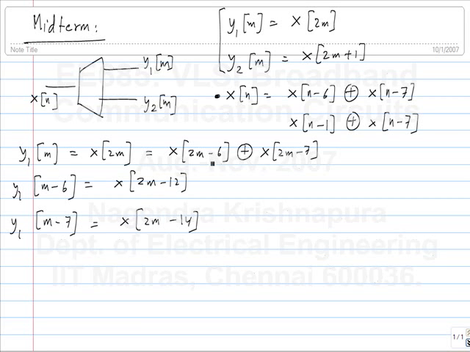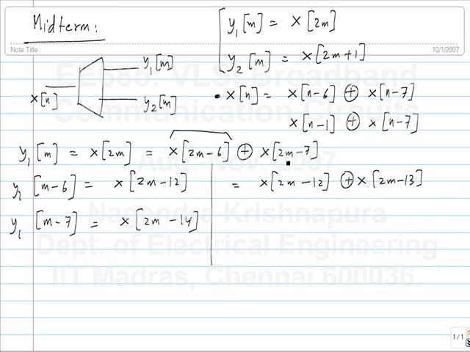So if you look at it, this has a delay of 6 and this has 12 and 14. So we try to relate it to previous inputs. So X of 2m minus 6 itself can be written as X of 2m minus 12 XOR X of 2m minus 13. Is this okay?